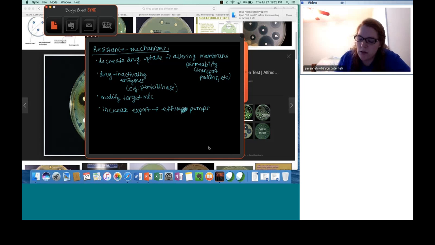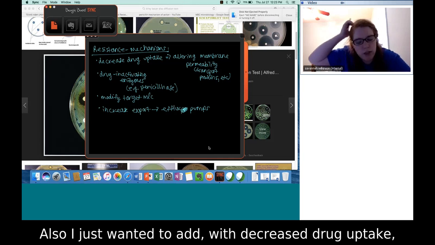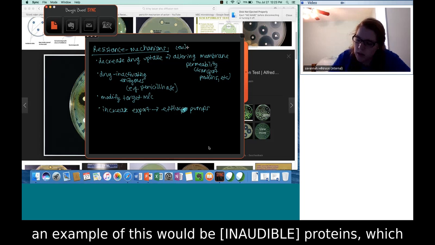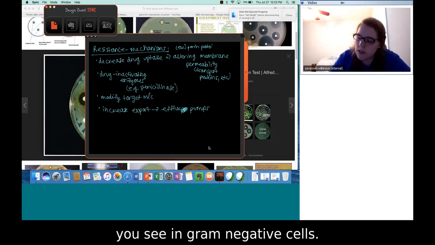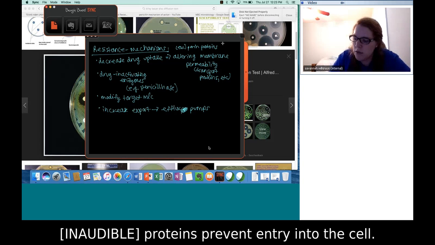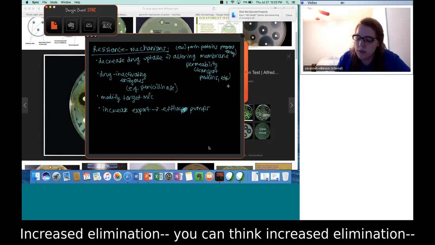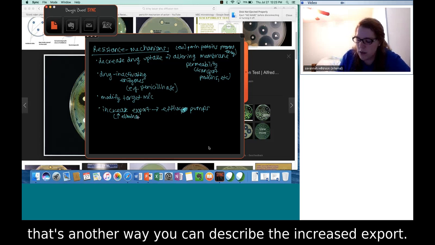Okay, so also I just wanted to add, with decreased drug uptake, an example of this would be porin proteins, which you see in gram-negative cells. Porin proteins prevent entry into the cell. Increased elimination, you can think increased elimination. That's another way you can describe the increased export.